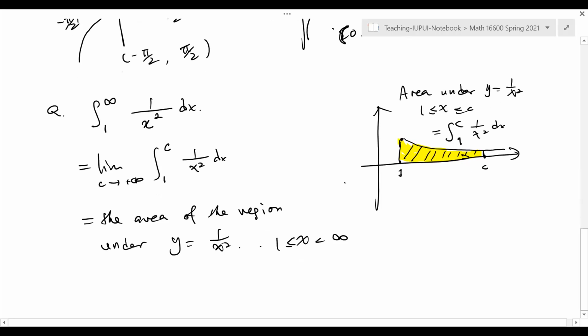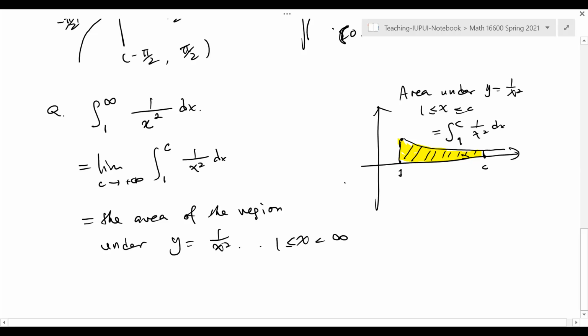For example, the universe, right? Maybe scientists prove that the universe is unbounded, which means you can always fly to infinity. You never reach the boundary of the universe. But then the next question scientists can ask is, does the universe have a finite volume? Right now we deal with only 2 dimensions.